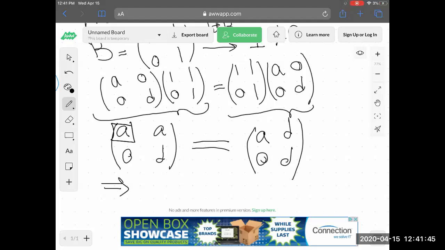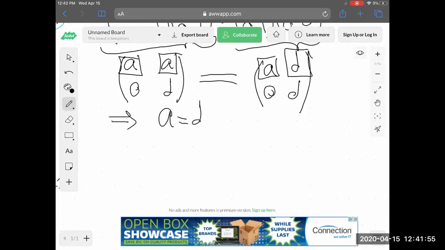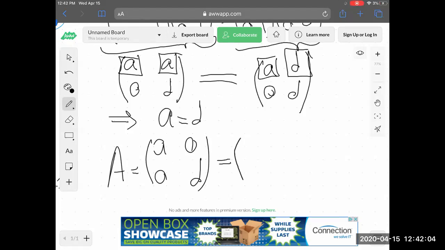A should be equal to D. And the last one says D should be equal to D. So up to this point, we knew the matrix A is [A, 0; 0, D]. But here we just learned that A is equal to D. So instead of D, I can write A. And that's exactly what we guessed.